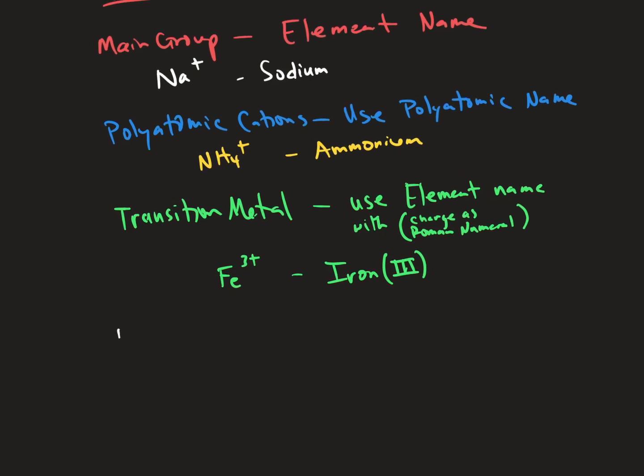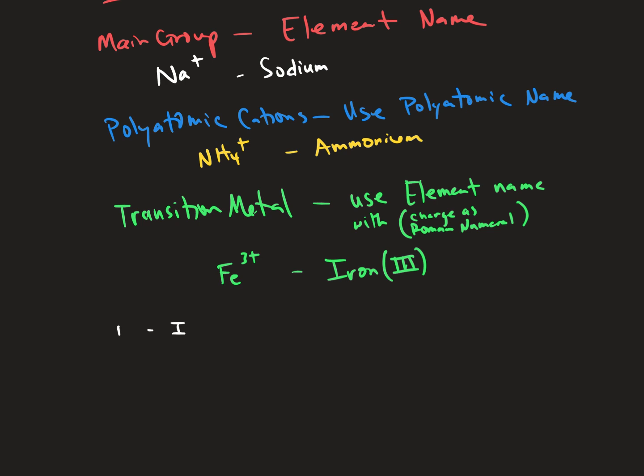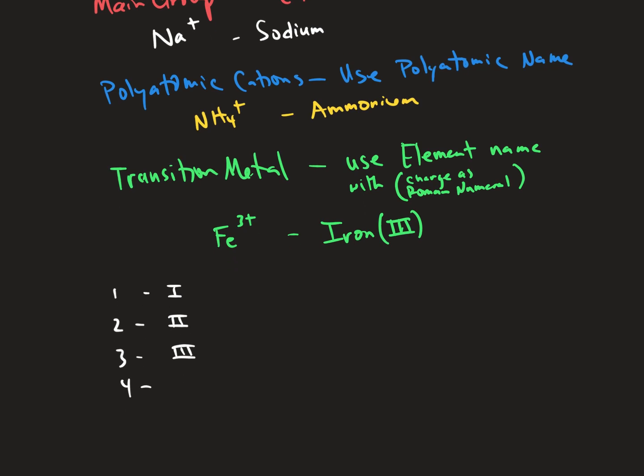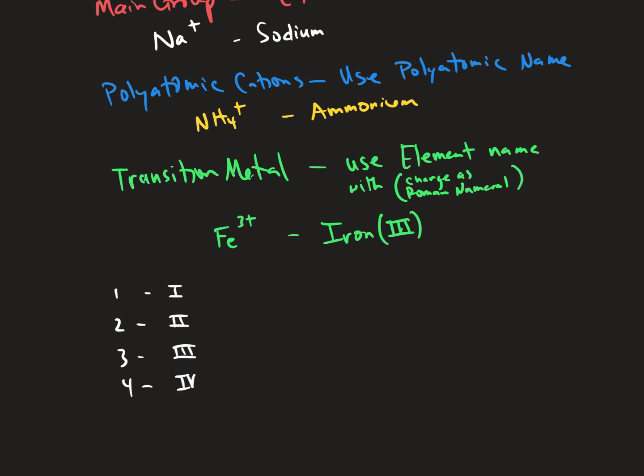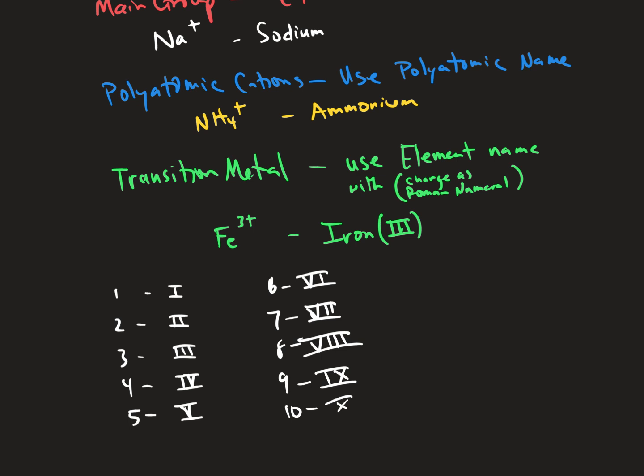Okay. 1 is I, 2 is II, 3 is III, 4 is IV, and 5 is V. Good. 6 is VI, 7 is VII, 8 is VIII, 9 is IX, and 10 is X. And we don't need to know more than that.